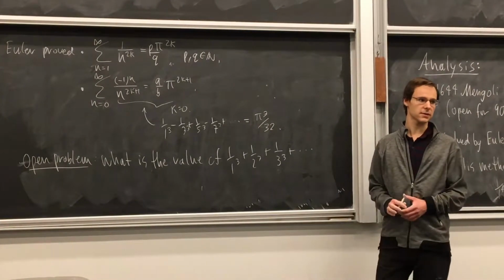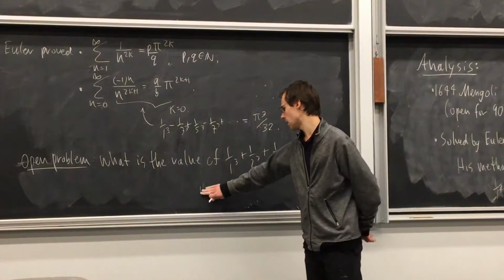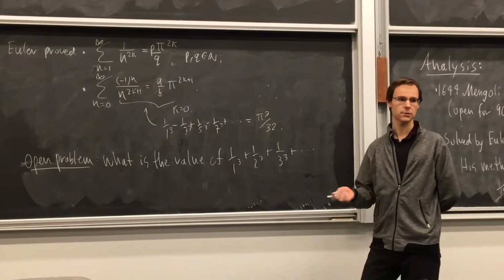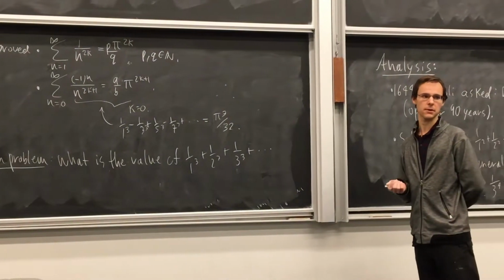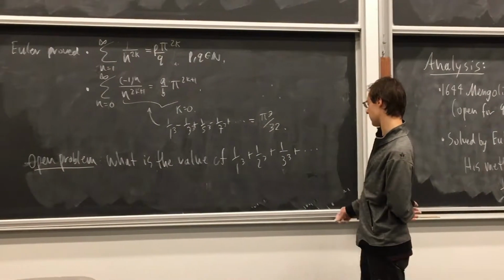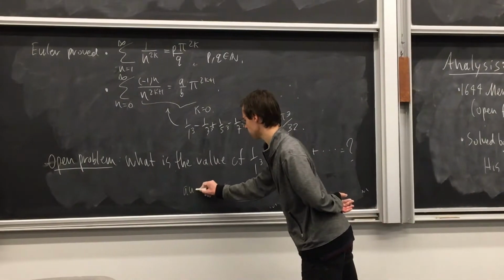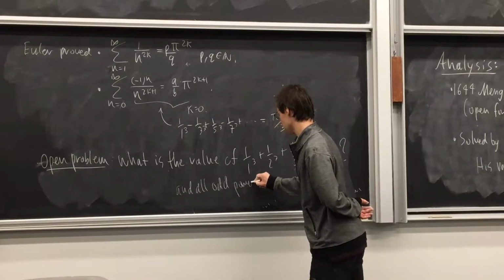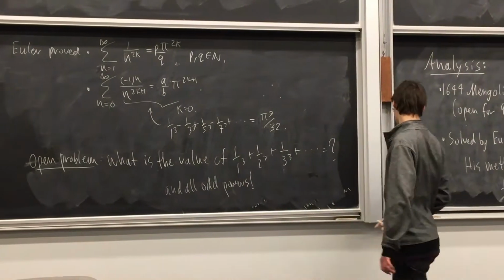So chances are that that's not correct. Euler himself conjectured something about the form of this, having a pi and also a log 2 term in there, times maybe some fractions. We still don't know if that's correct or not. So what is the value of this? That's an open problem. And all odd powers, all of those are open problems.